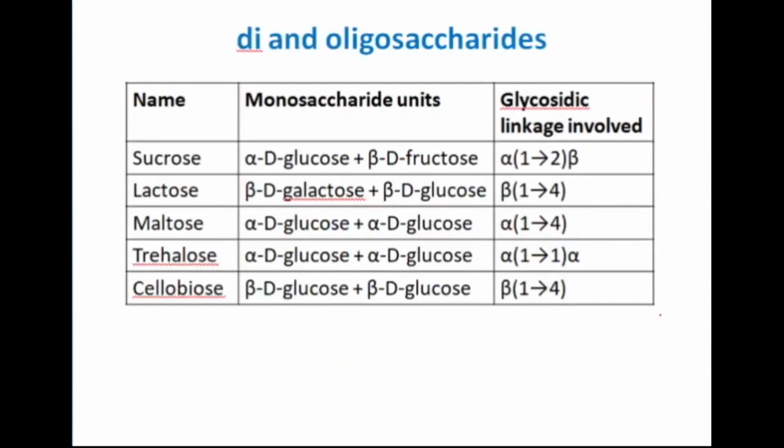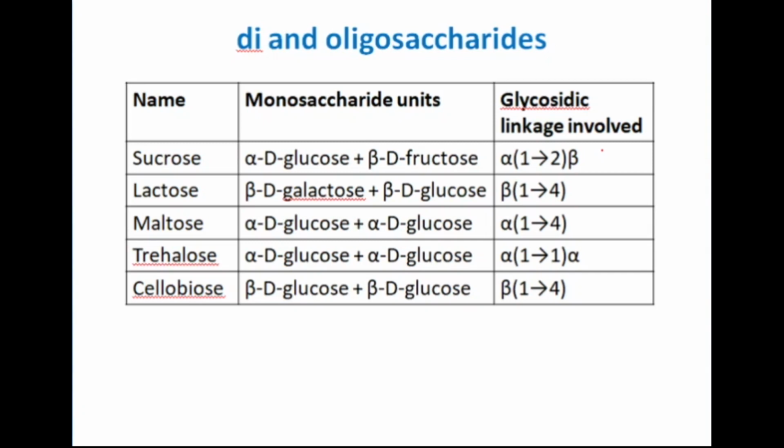Now the next topic is di and oligosaccharides, where disaccharide means the sugar molecule is formed with the addition of two monomers. And if up to 10 monomers of sugar are present in a structure, then we call it an oligosaccharide.